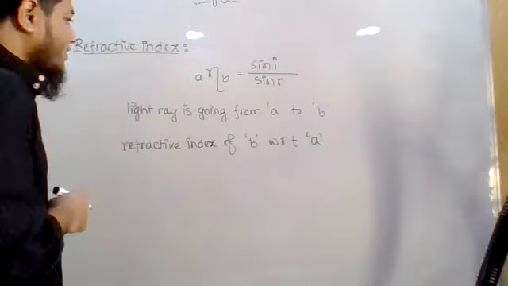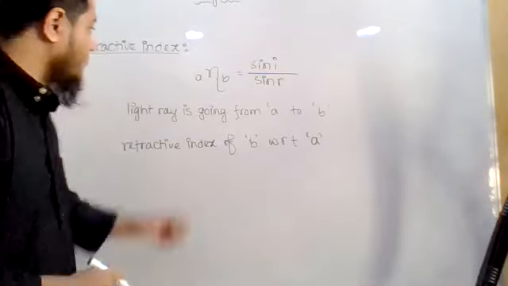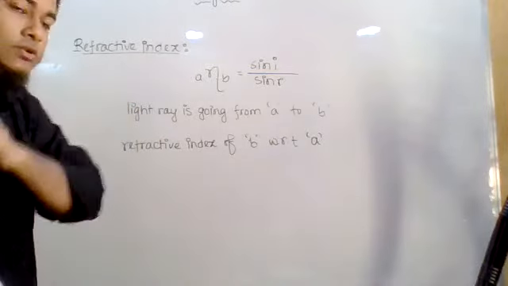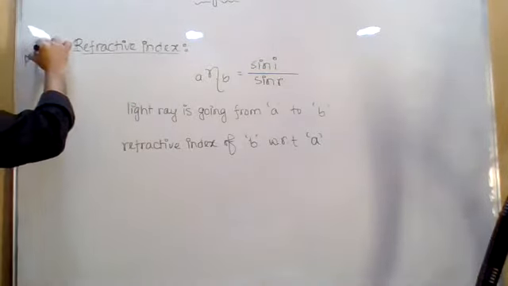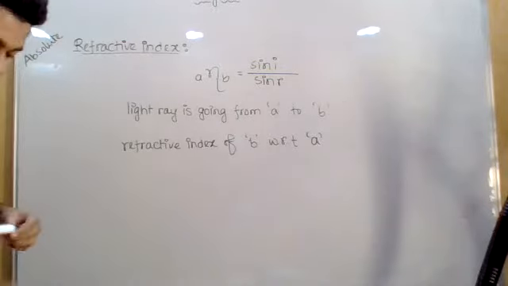Okay, now we will take a look at the absolute refractive index. We got to know what refractive index is. Now we will try to know what absolute refractive index is. Absolute. I will write absolute here. Okay.